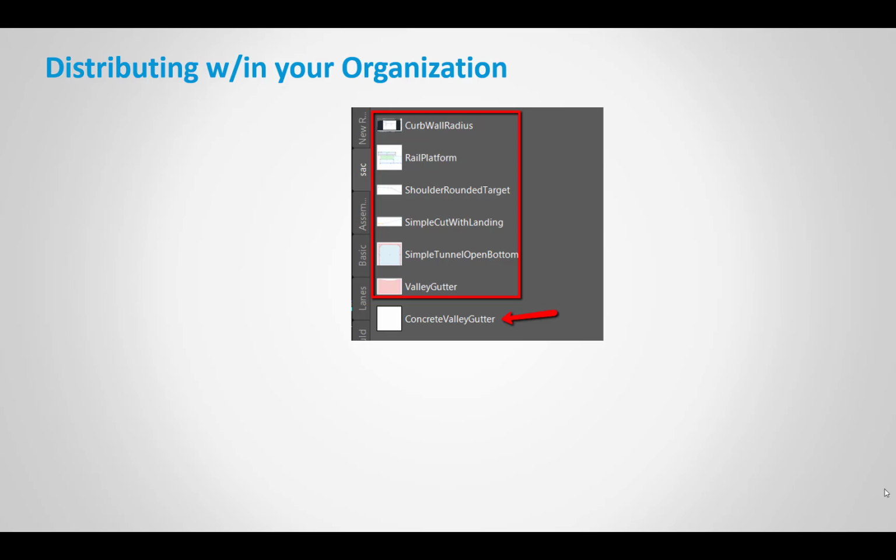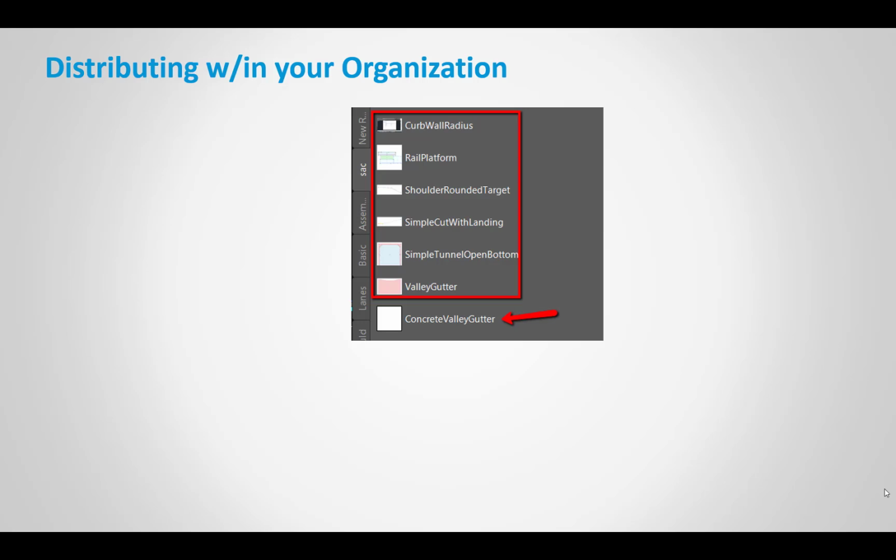And then distributing that within your organization. This could vary across the board, but making sure that you have items such as the imagery that shows up in your tool palette is very helpful. The help file, extremely helpful. And putting that in a central location where everybody can access that.